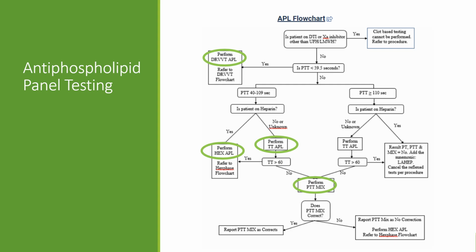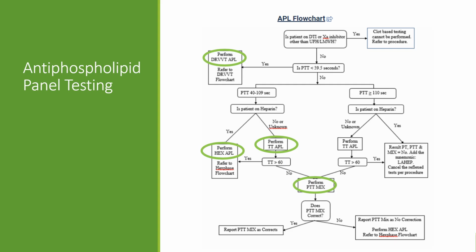If the mixing study does not correct, we would report the PTT mix as no correction, and then we would refer to the separate hex phase APL flowchart, which I don't have posted, but I will post it for you if you have an interest. And then the PTT, if it does correct, we're going to go ahead and just report out that the PTT mix has corrected.